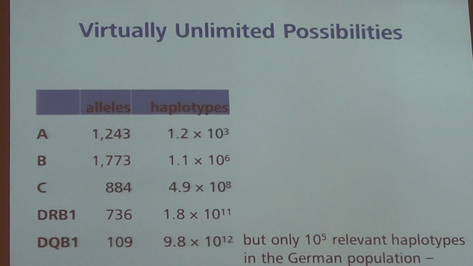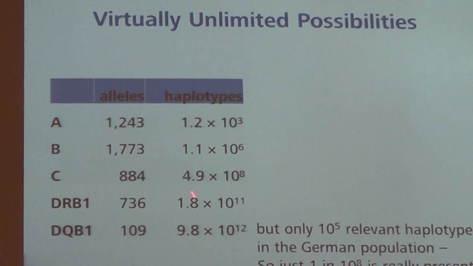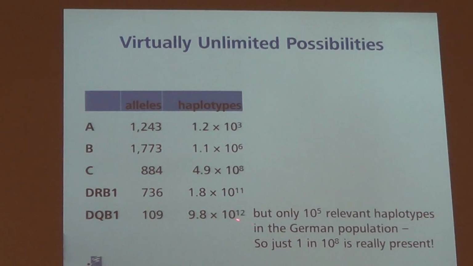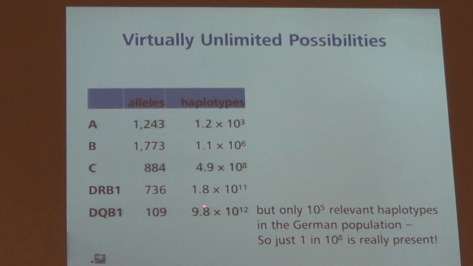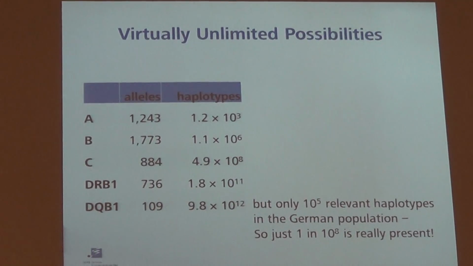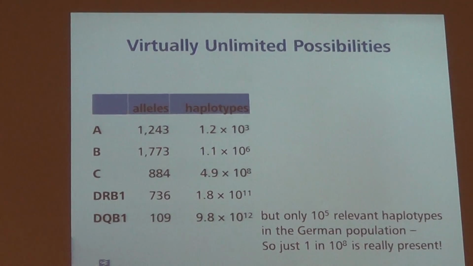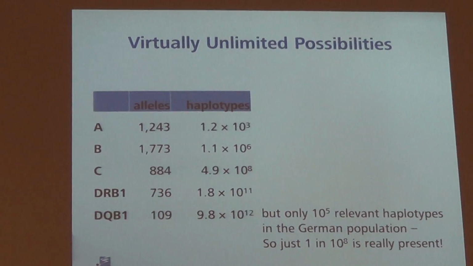What makes things easy for us, and what is the real point of the whole thing, is that although we have about 1 trillion haplotypes which are theoretically possible, only about 100,000 show up in the German donor population.